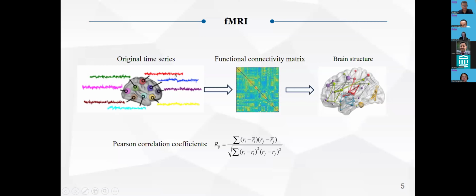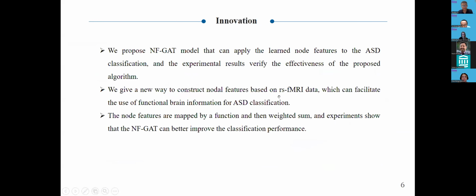This is the flow of how to construct brain networks based on fMRI and the Pearson correlation coefficient. This is the idea for constructing the NF-GAT model. We give a new way to construct node filters based on fMRI data. The node filters are mapped by a function and then weighted and summed. And the experiment shows that NF-GAT can better improve the classification performance.